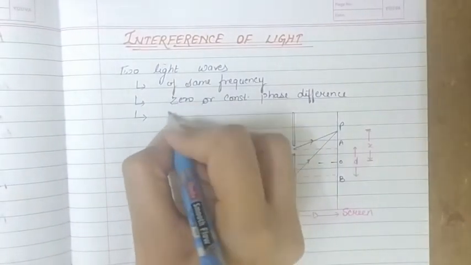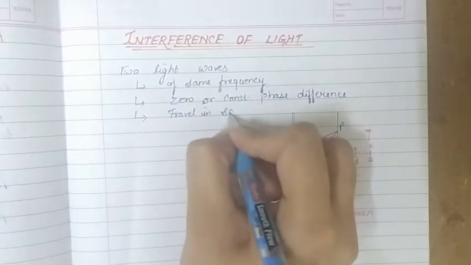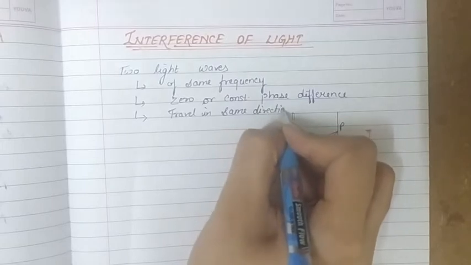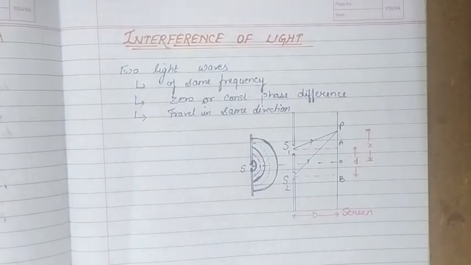So they should travel in the same direction. If we have such two waves and they superpose each other, then the intensity in the region of superposition gets redistributed. Initially the value of intensity was something else, but after superposition we get a new distribution of intensity in that region.